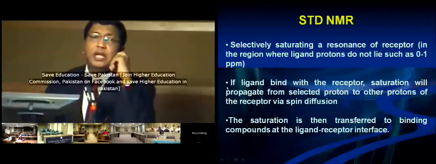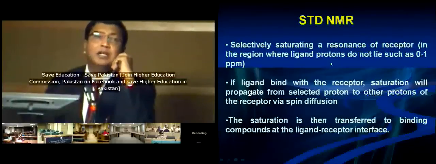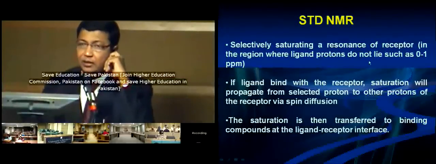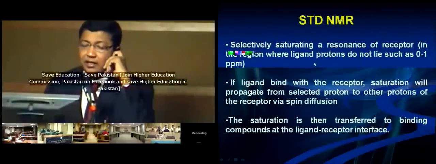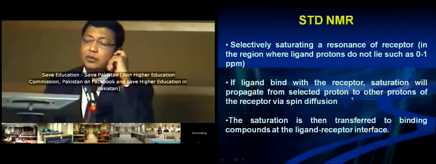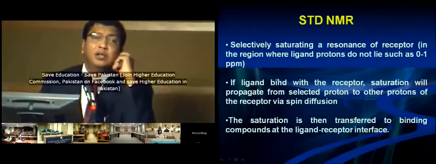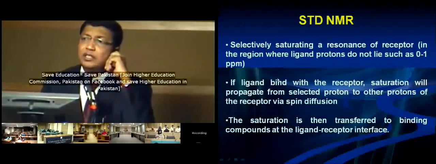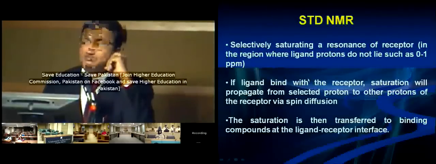Okay, so once you do that you irradiate a part of the receptor by using a Gaussian pulse, a shaped pulse, then you would be able to see where the ligand binds with the receptor when saturation propagates from the selected proton to the other protons of the receptor. Right? Within the protein you would have propagation of this saturation, and that is a phenomenon called spin diffusion.